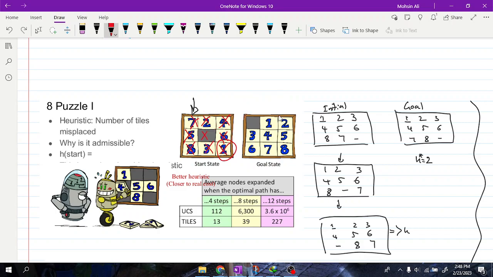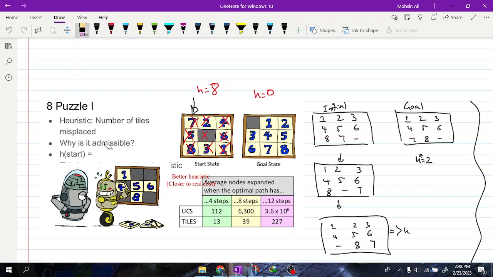So we can see that over here the heuristic cost of the initial state is 8, because initially we are not doing a good job. And if our heuristic is 0, that means we are at the goal state.